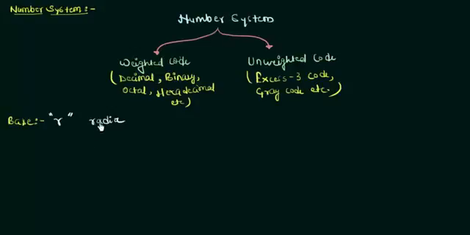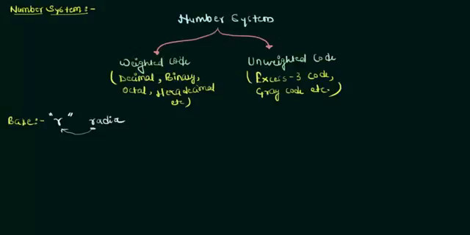Okay, the base is also called radix, and from this radix only, this R we use to represent the base. Now for every number system there is a base specified, or you can say that the number system that we study in any context is dependent upon the base.